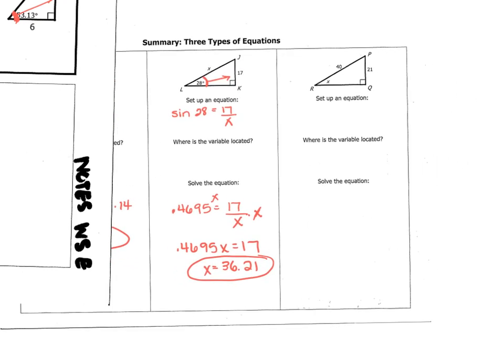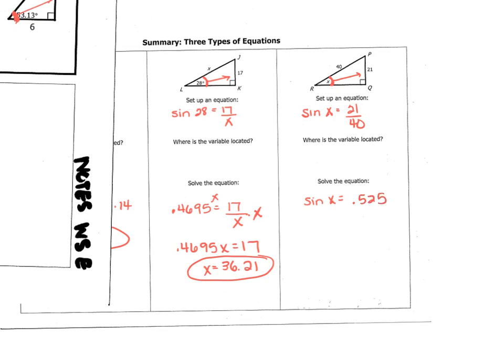And then finally the last question. I don't know the angle this time, so I'm going to say, in relation to x, what do I know? I know opposite over hypotenuse, which is still sine. So sine of x equals 21 over 40. I'm going to go ahead and divide that out. 21 divided by 40 is 0.525.